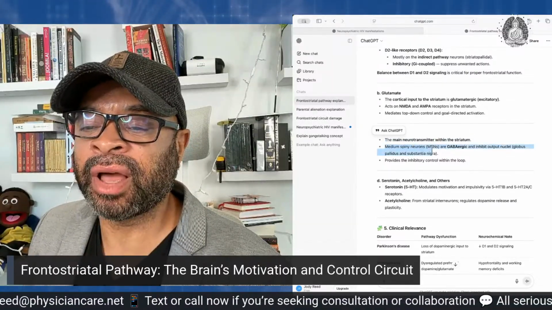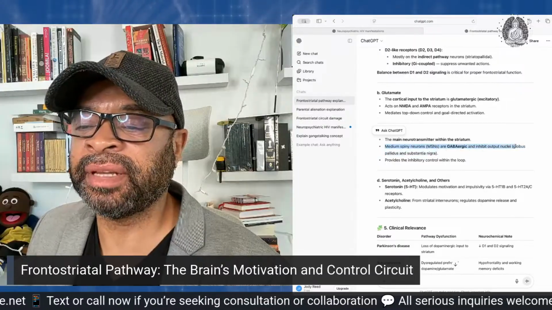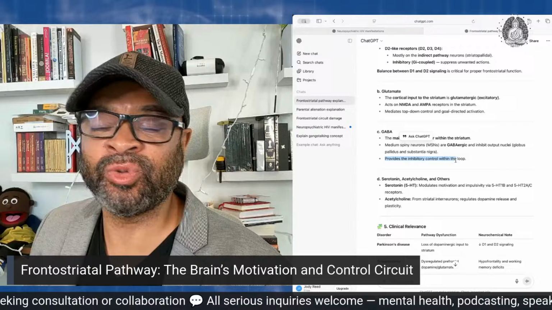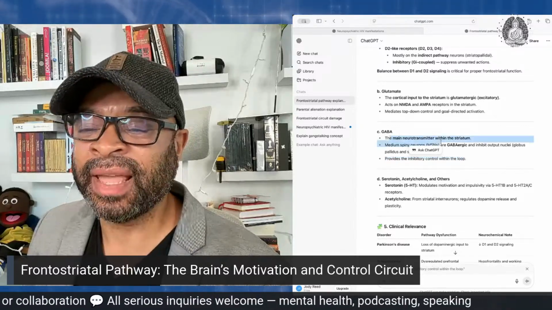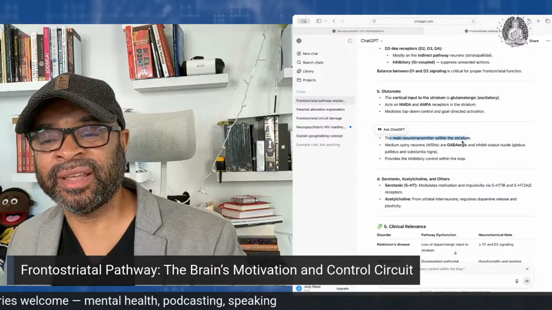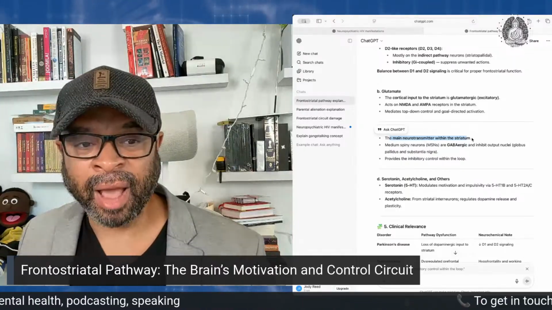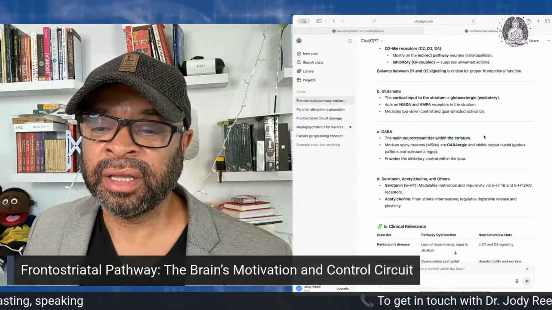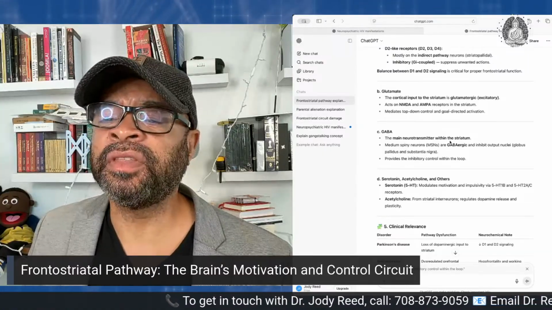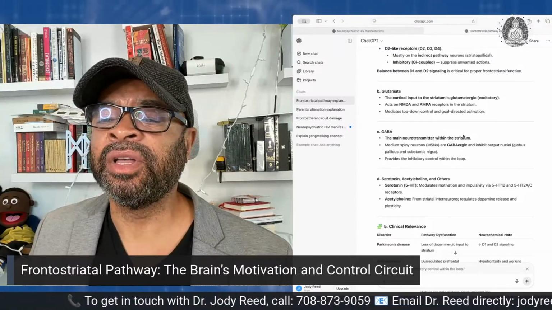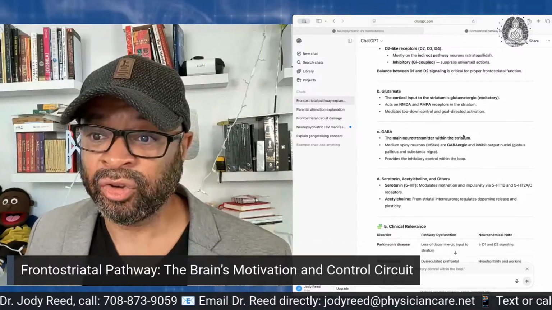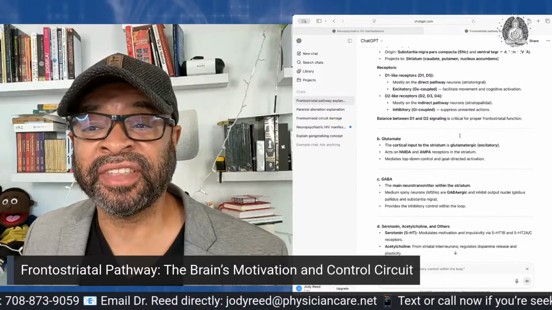Medium spiny neurons are GABAergic neurons that inhibit the output nucleus, right? They provide inhibitory control within the loop. So the main neurotransmitter in the striatum is an inhibitory neurotransmitter, GABA. And alcohol is a target for GABA, right? This is one of the reasons alcohol can influence a person's perception of things.